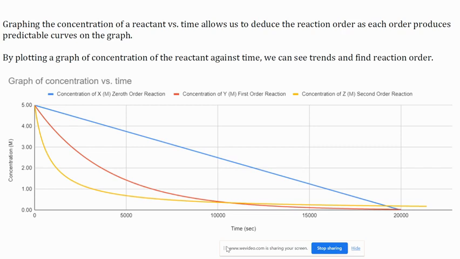Okay, now I can look at this red line and I can figure out that that's actually first order from this information. Now the yellow one, I can't. I'm going to show you how to do yellow in a second, okay? But the way with concentration versus time that I can figure this out is this has a defined half-life, okay?